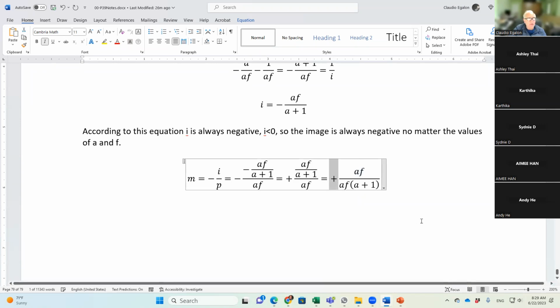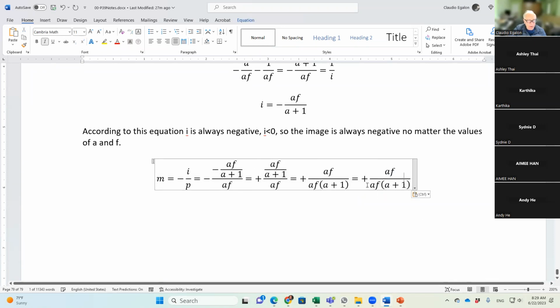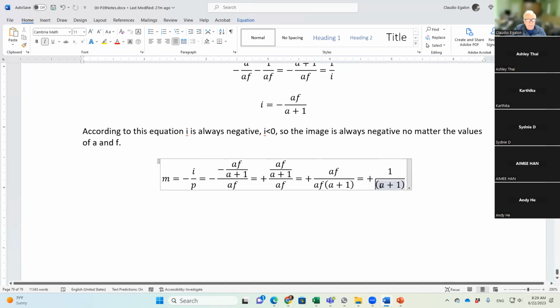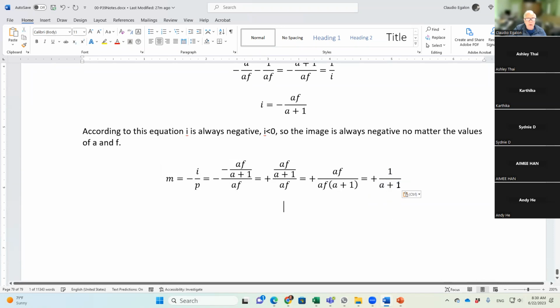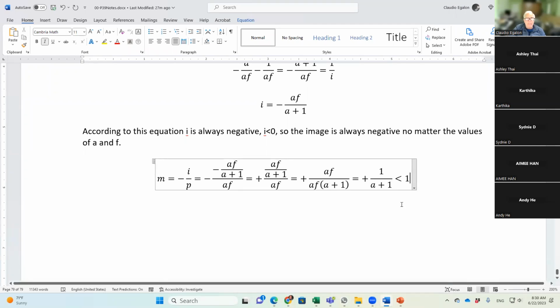Look, my sign is positive, which means that the image is upright. And I'm going to cancel out AF. Okay, A plus 1. A is positive. Consequently, this number here is always less than 1. So you have 1 being divided by a number that's always greater than 1.